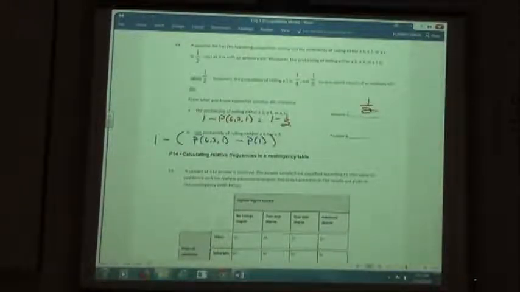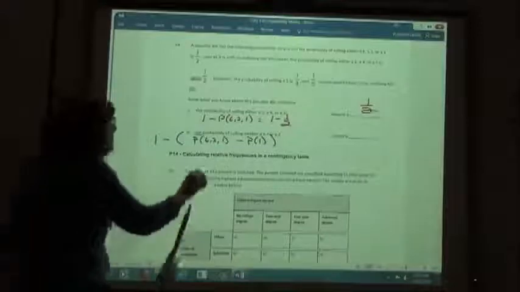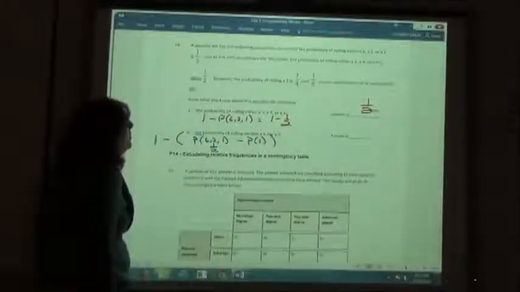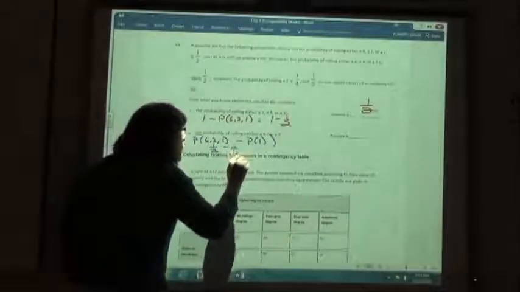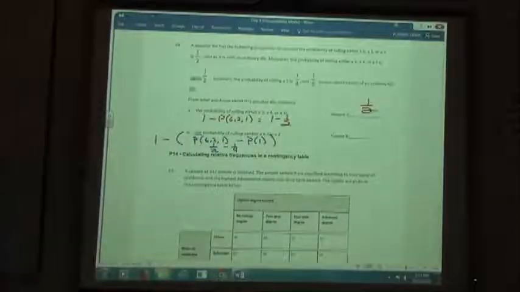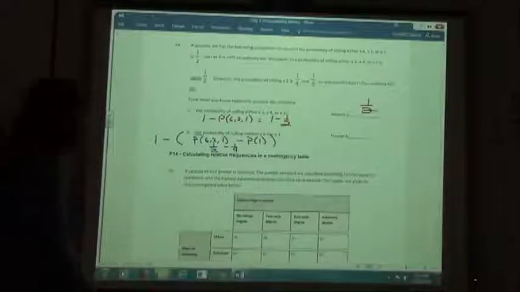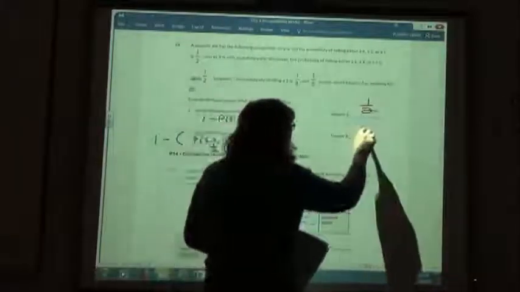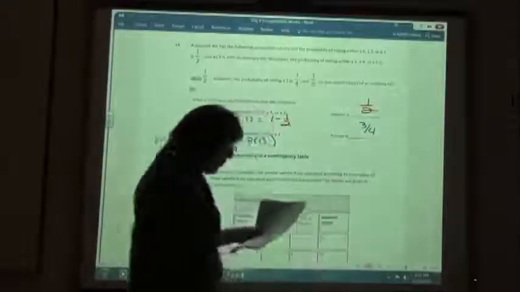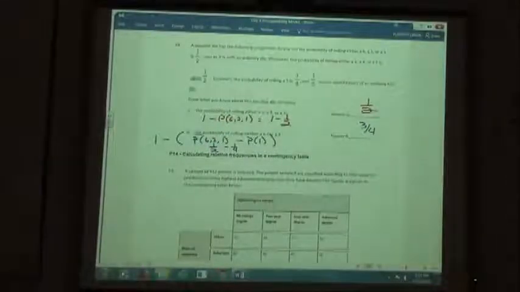So probability of getting a 6, 2, or a 1 was 1/2. The probability of getting a 1 was 1/4. And so I'm going to do 1 minus the 1/2 minus 1/4. 1/2 minus 1/4 is a 4th. 1 minus 1/4 should hopefully be 3/4, right?